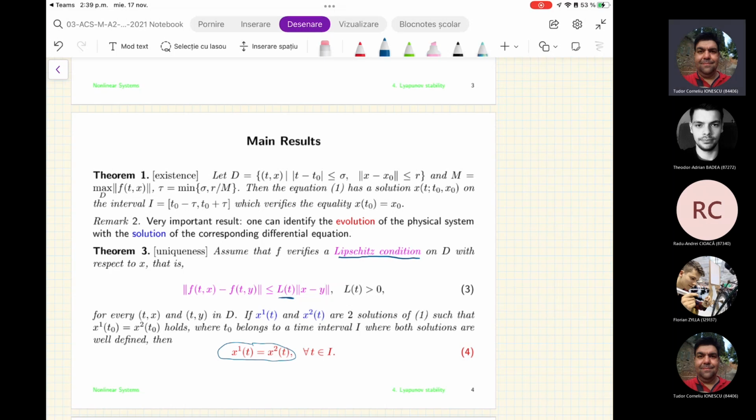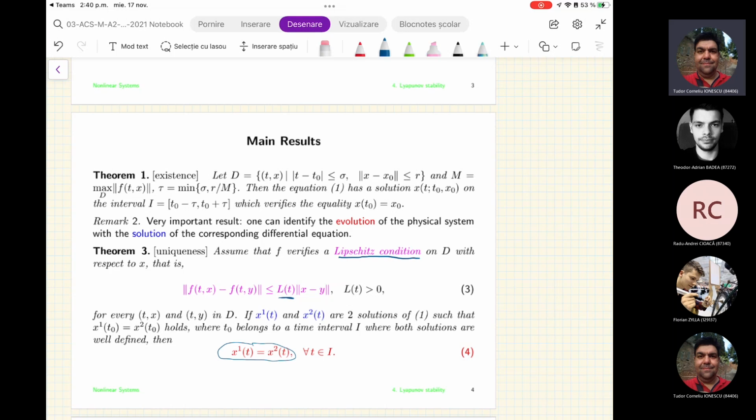So if you do a very small variation, and the function is Lipschitz, and you start from the same initial condition, then you get the same evolution. This is the meaning of this result.